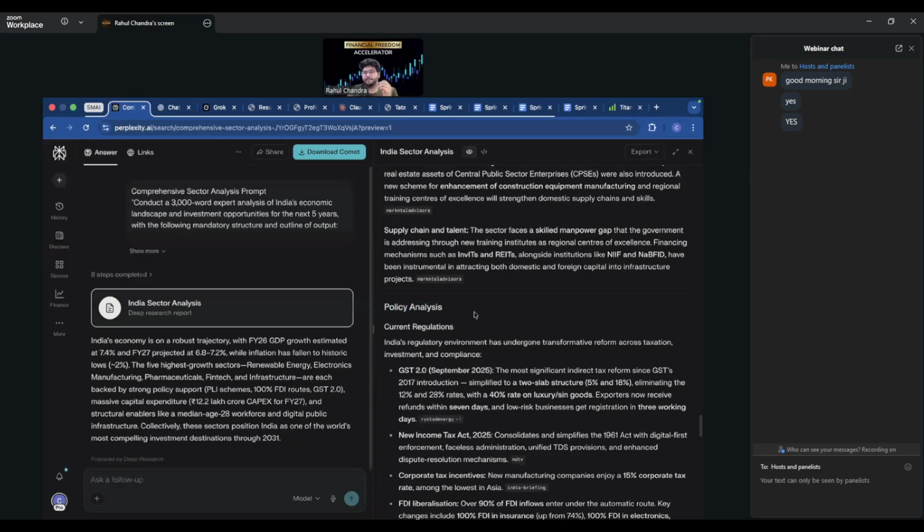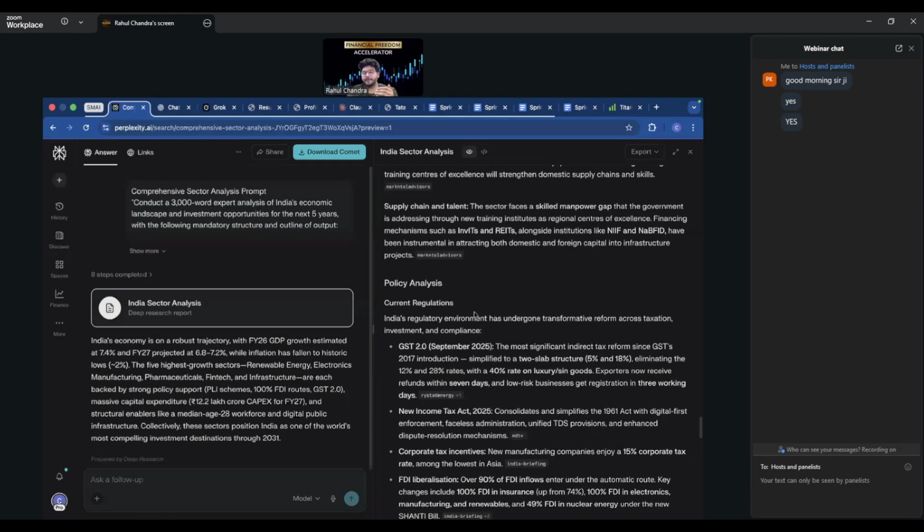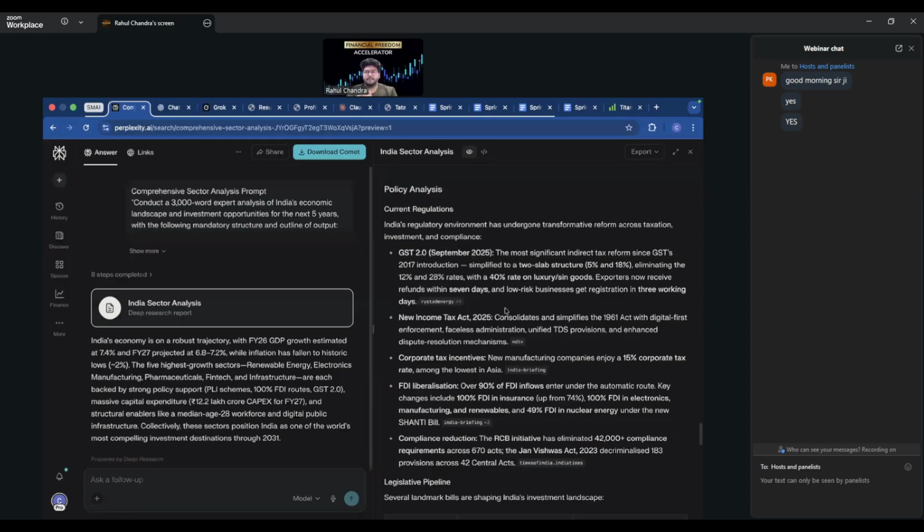Again, as I said, policies have a big impact on what happens to a particular industry. For example, how many of you have heard about Borosil Renewables? On a side note, this will give you more context. Borosil Renewables is one of the companies in the Borosil group, and they make the glass panels for solar modules.